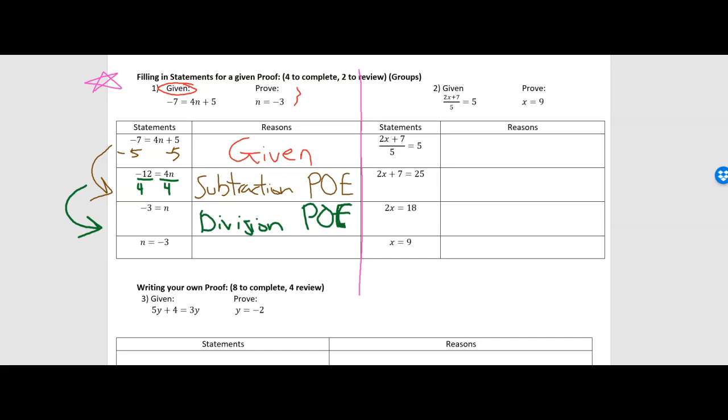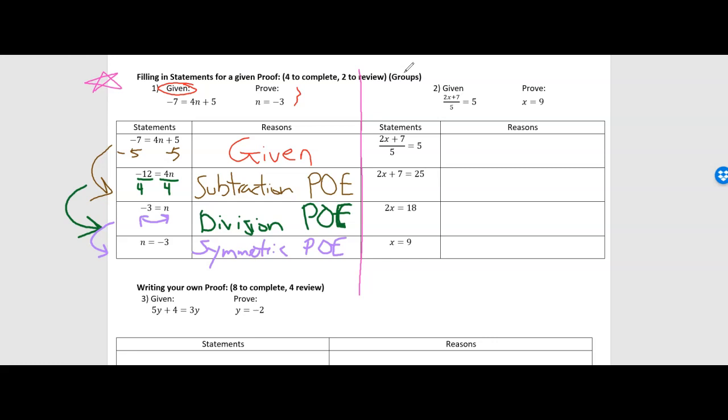Interesting. Okay, last step. How did we go from statement 3 to statement 4? Well, all we did was switch the equations around, right? We just flipped it. And if you go back up and look at your properties, that is the symmetric property of equality. There it is. That is your first proof that you have completed.